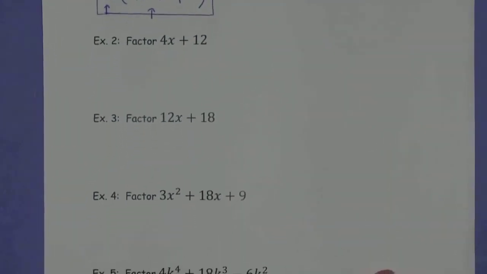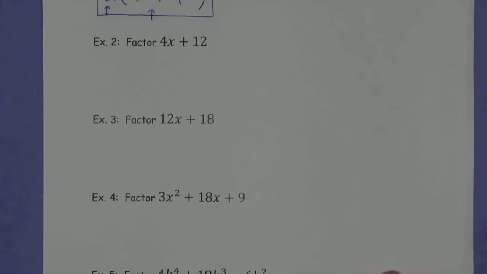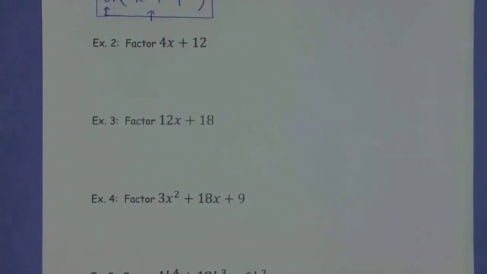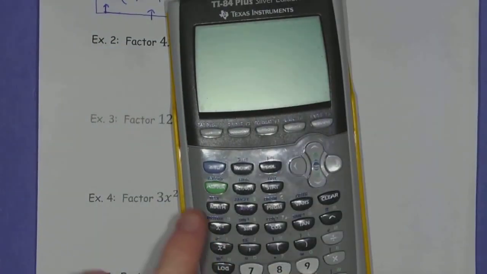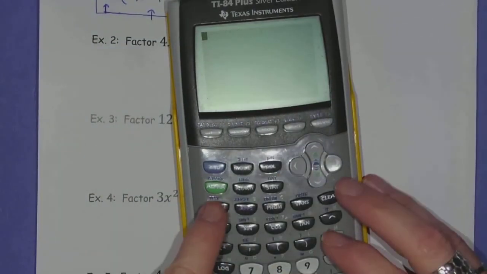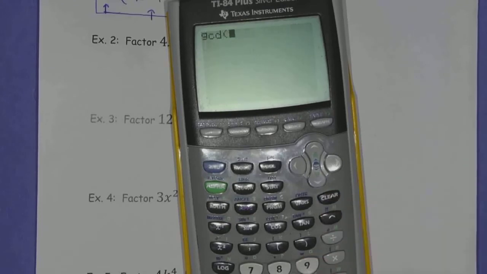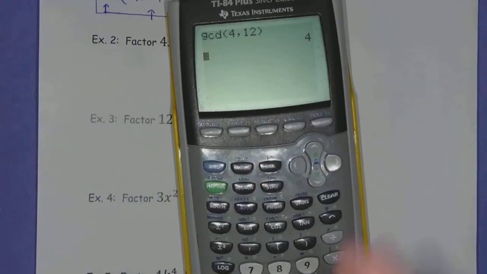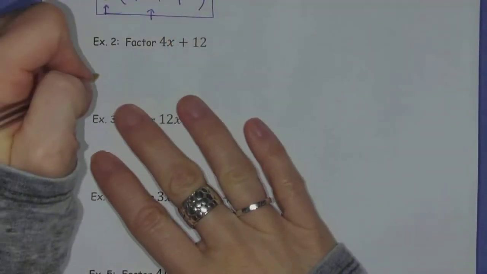Factor 4x plus 12. So we've got to find the GCF. So, a 4 and a 12. Now maybe on this one, you're going to go to your calculator. Maybe you're going to press math, num, 9, 4, comma, 12, and see that the biggest number that goes into both 4 and 12 is 4. Bring it on out, GCF.